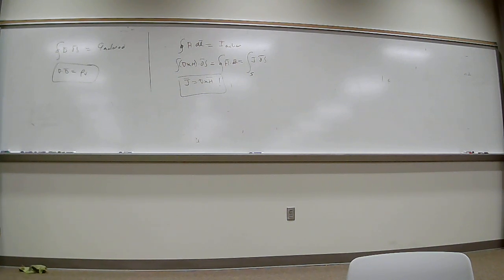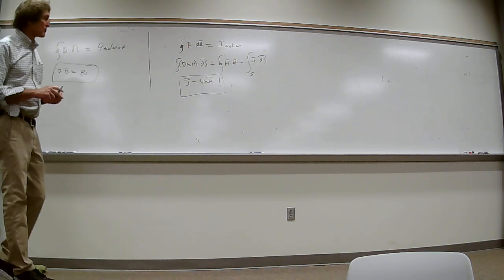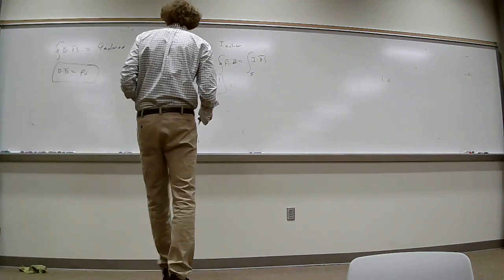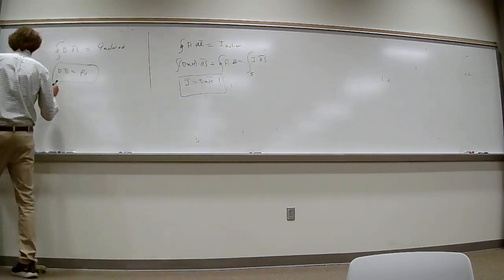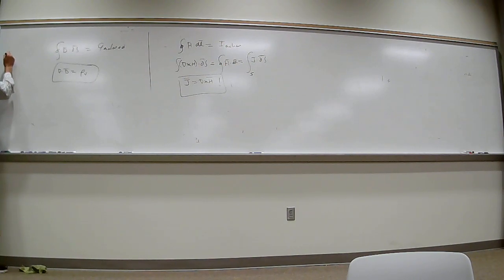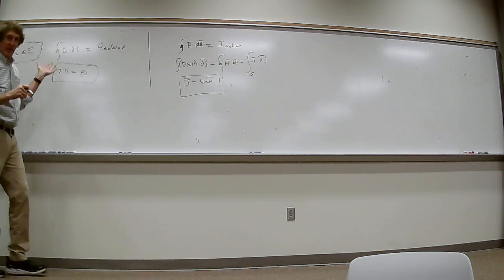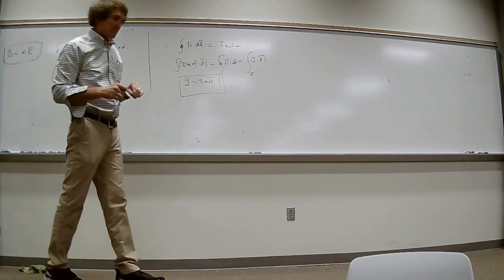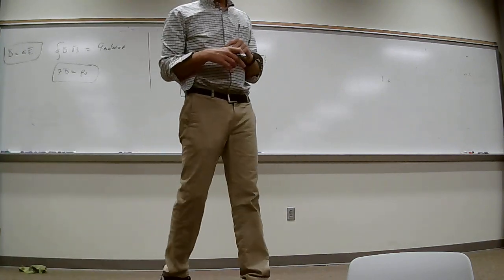The next thing, we're going to talk about how you relate. You remember how in electrostatics, we related D to E: D is equal to epsilon E. Remember that relationship, class? It related the D field to the E field. D field is coulombs per meter squared.